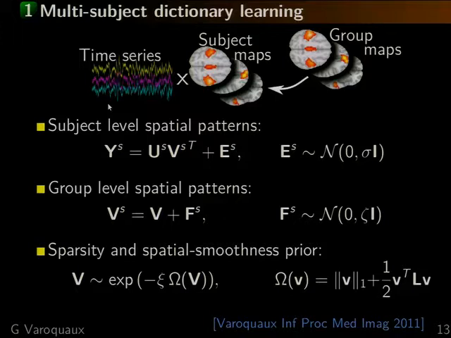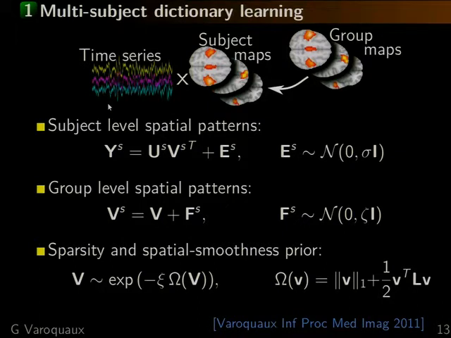All right, so then I'll move along to what we've been doing more recently, which is we've just taken a very similar generative model to the one in CanICA, just changed it a tiny bit. And so what we're saying is that we're observing a product of time series and interesting relevant subject maps, and these subject maps are really derived from group level maps.